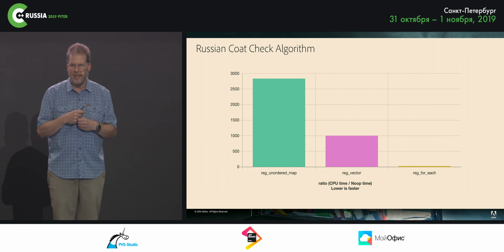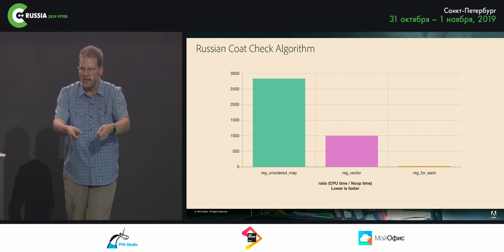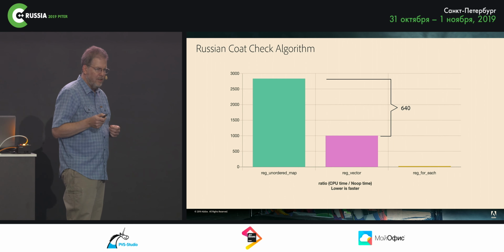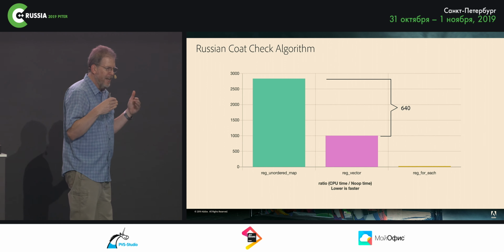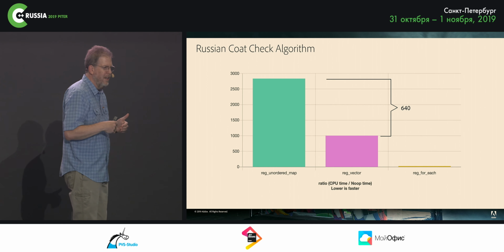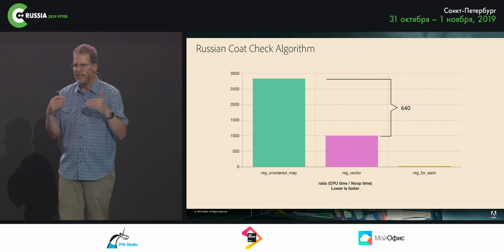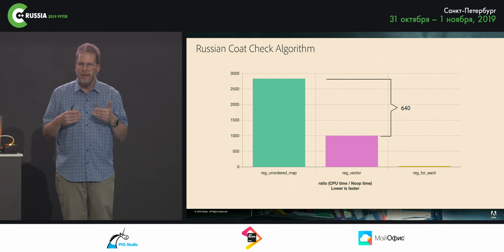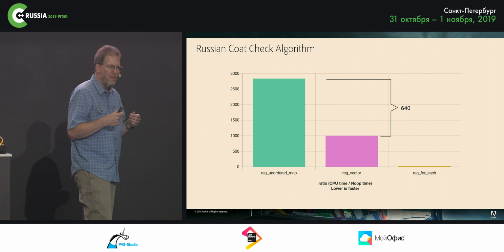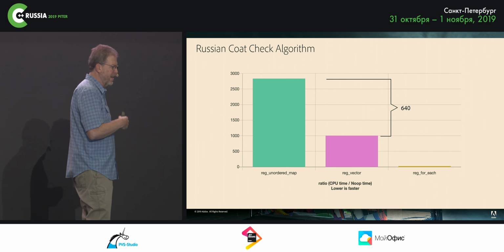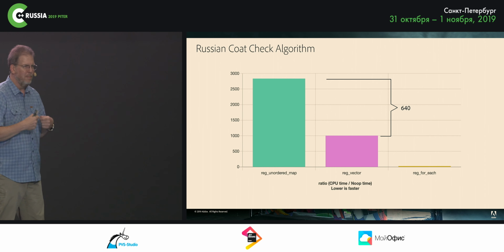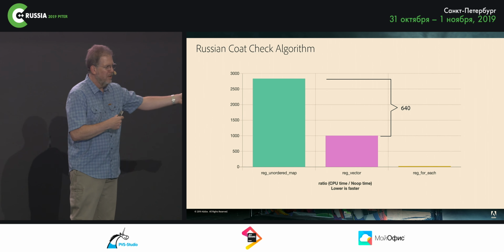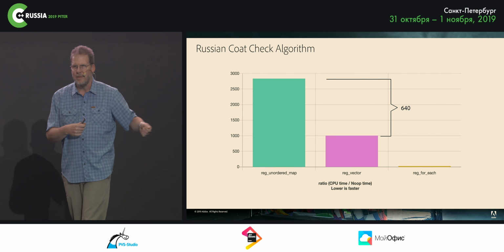Okay, so if you're in a slot signal handler, how long does it take to call all the slots? So the interesting thing here is that in this gap in the creation time, I can do 640 iterations of all the coats in my coat check. Okay, so in the difference between the time it takes me to build my coat check in an unordered map and the time it takes me to build my coat check in a vector, I can iterate through all the coats in the coat check 640 times.